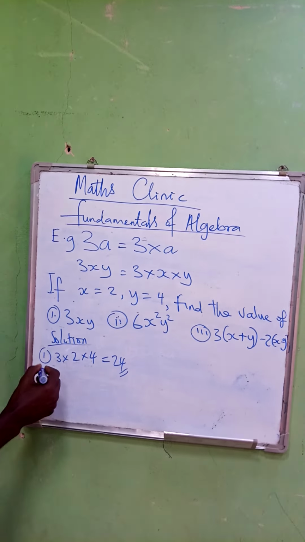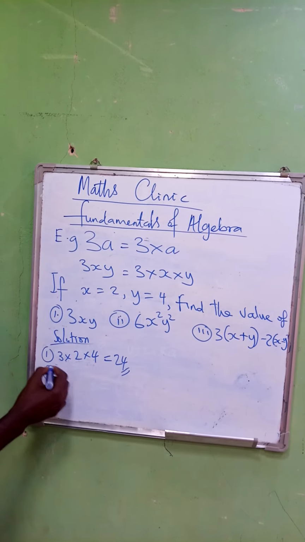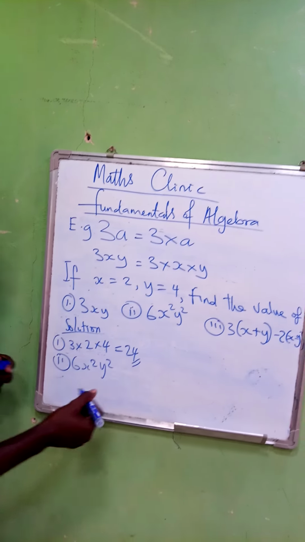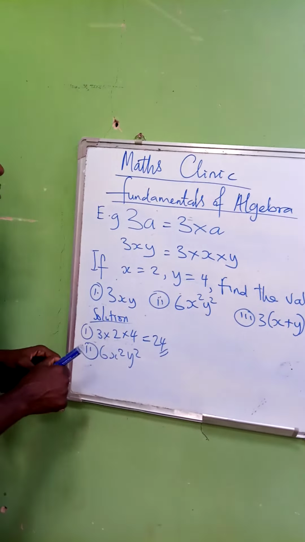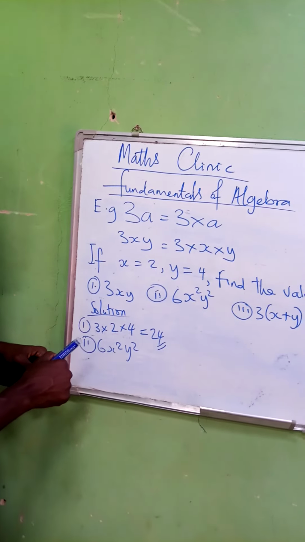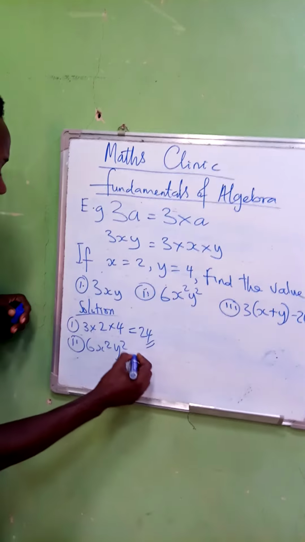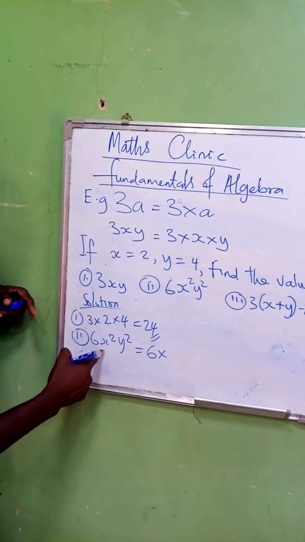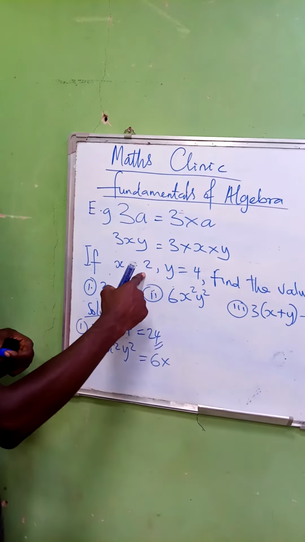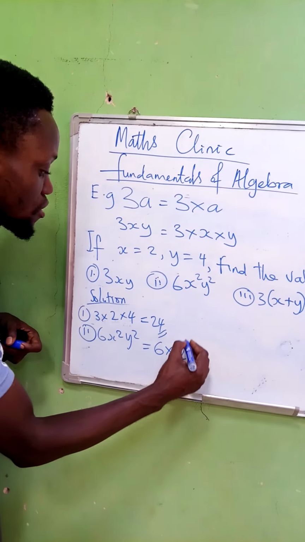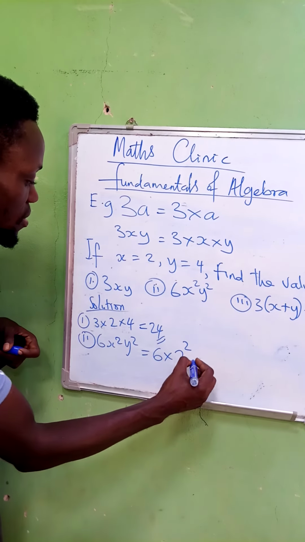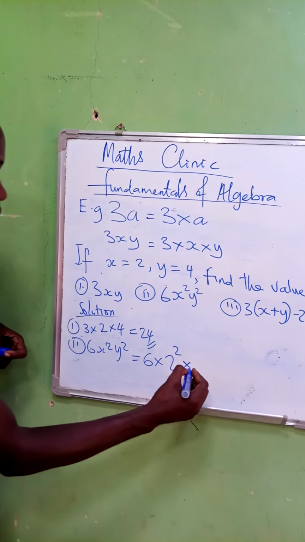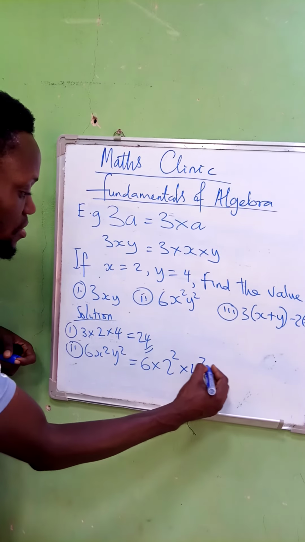Now 2, 6x squared y squared. Now 6 times the value of x, which is 2, meaning 2 raised to power 2, times y squared, which is 4 raised to power 2.